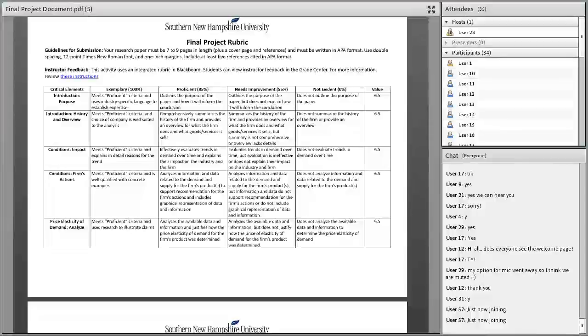So you might be able to be exemplary for the history part only at the end when you do your final, because then you will have all the information you need because you've done the research through the 3 milestones, and you might be able to enrich the history and overview of the company when you have completed all the research through the 7 weeks of the class.